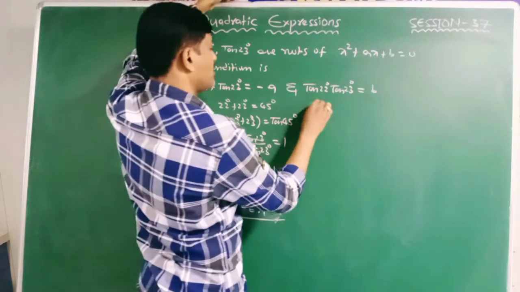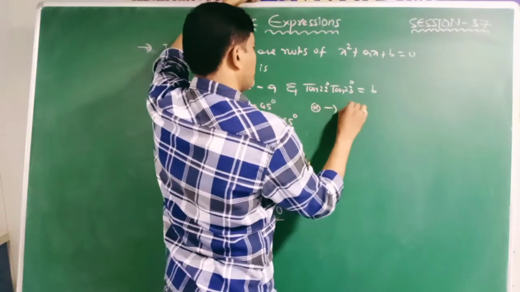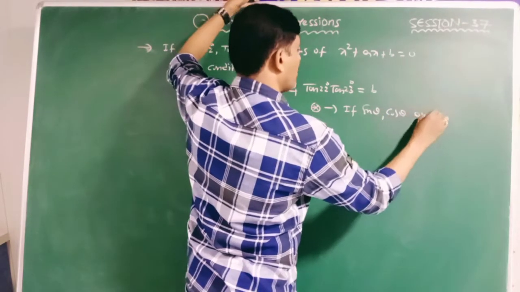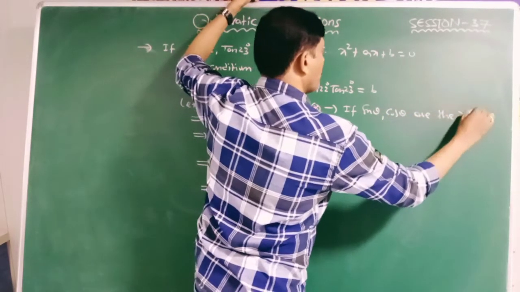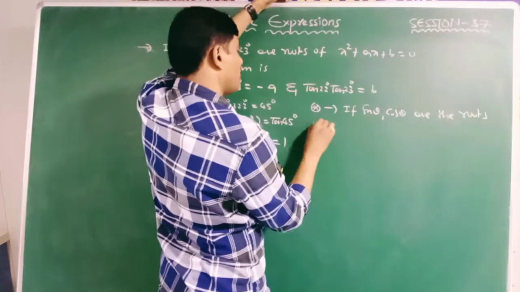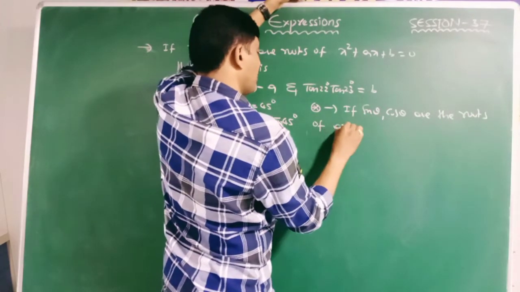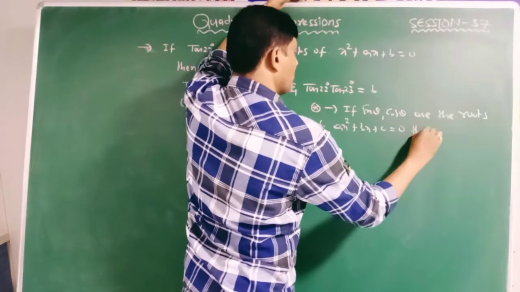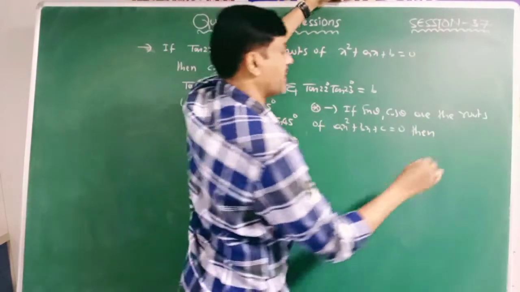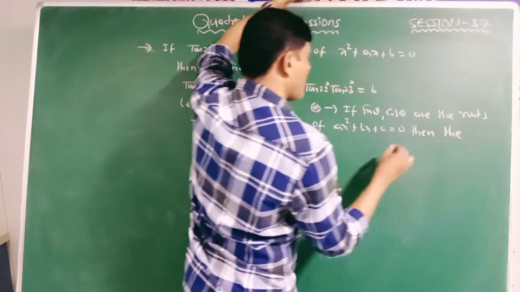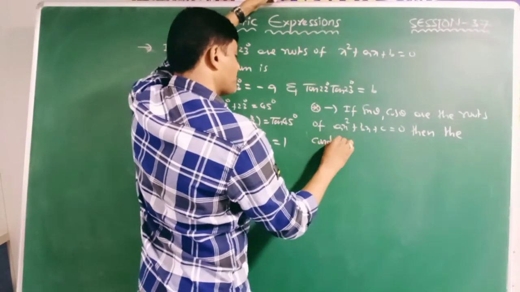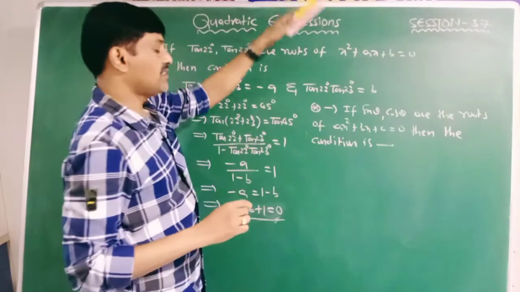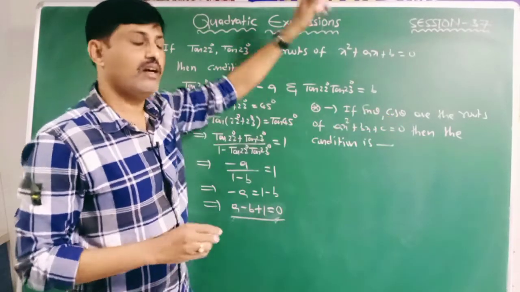And one more question: if sin theta and cos theta are the roots of the general equation ax square plus bx plus c is equal to 0, then the condition is... Yes, now your roots are sin theta and cos theta.